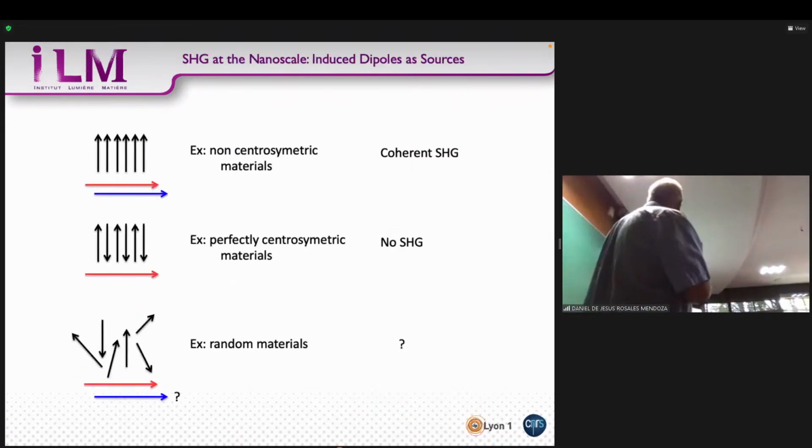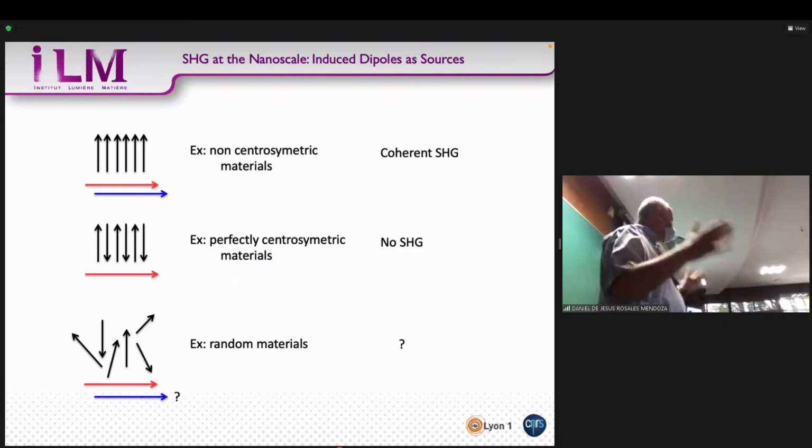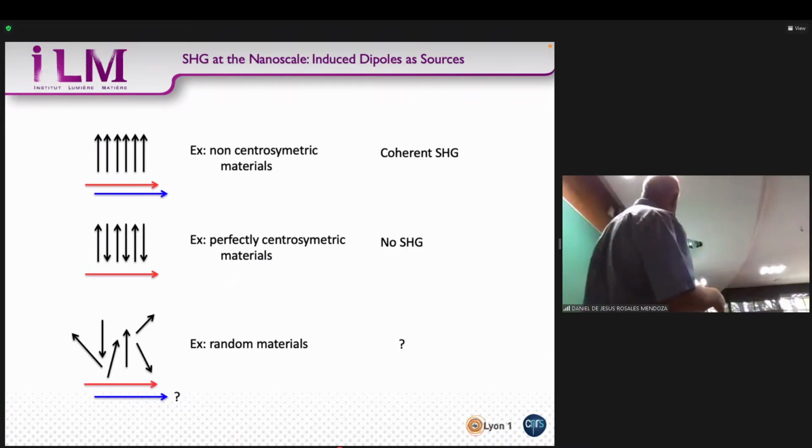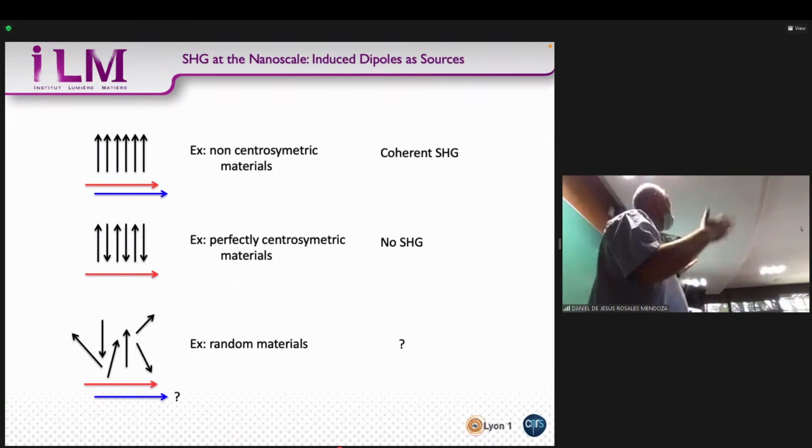So we can figure this out with simple drawings. The first case would be a macroscopic perfect nanocrystal that I've schematically put up as arrows well-oriented. In this case, we have a non-centrosymmetric material. We produce coherent SHG, and if the system is macroscopic, this is the first topic.